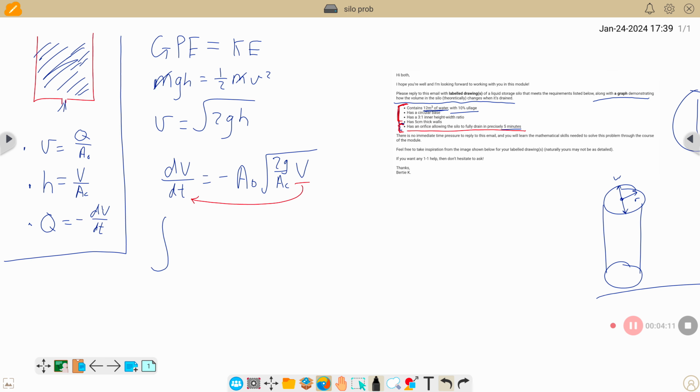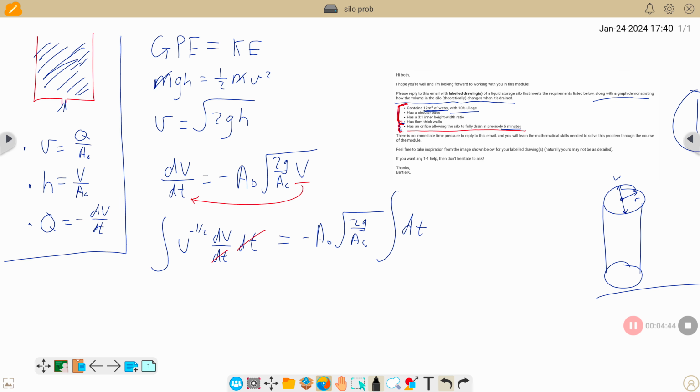So I'm taking the integral of V to the minus a half. Let's write this out just for clarity actually. Equals minus A0 root 2g over AC. What I've done here is I've integrated both sides with respect to time, and you'll note on the left-hand side the dt's have cancelled.